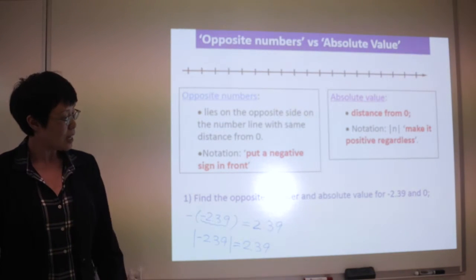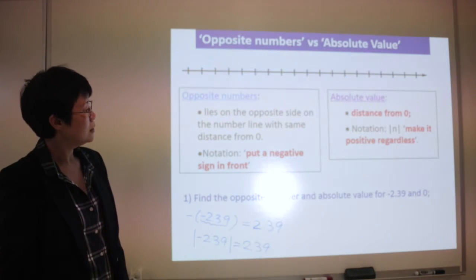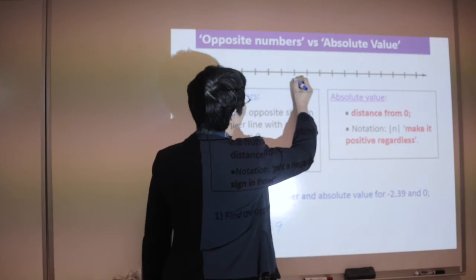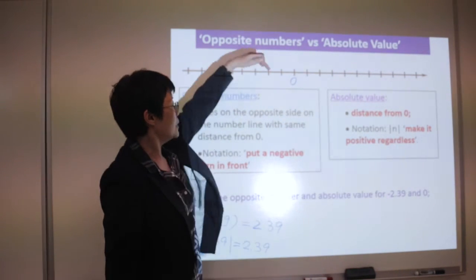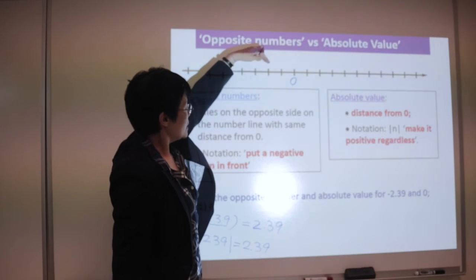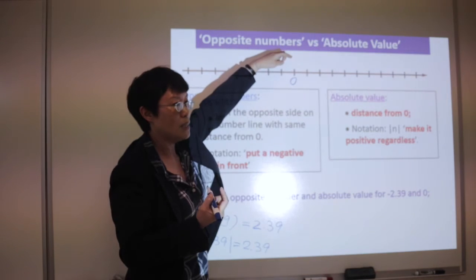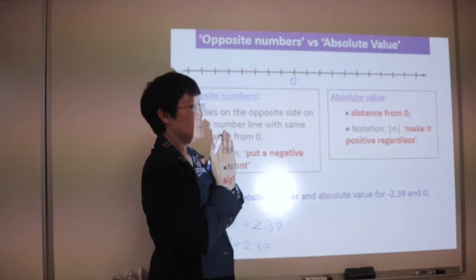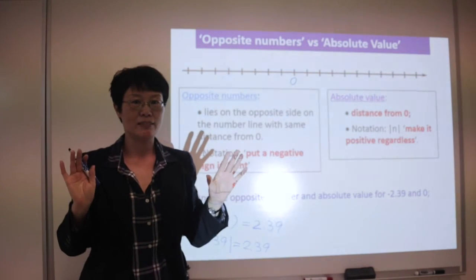Now let's look at 0. What is the opposite number of 0? 0 is the origin, right? We're saying the opposite number is a number on the other side with the same distance from 0. But 0 is holding a place separating the positive and the negative.